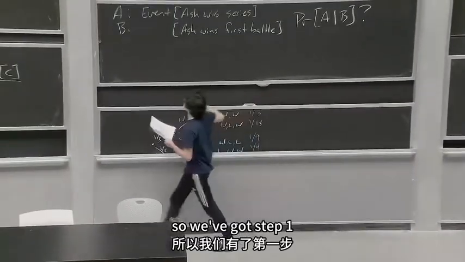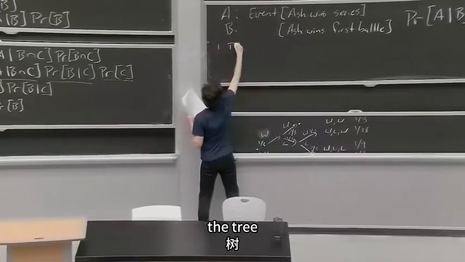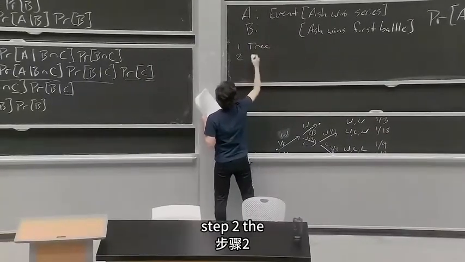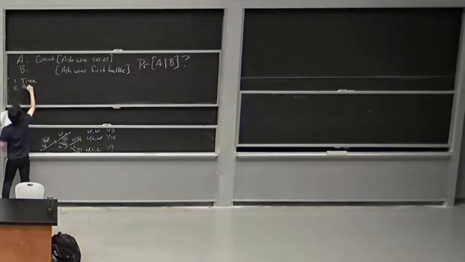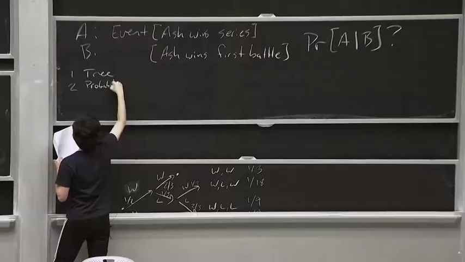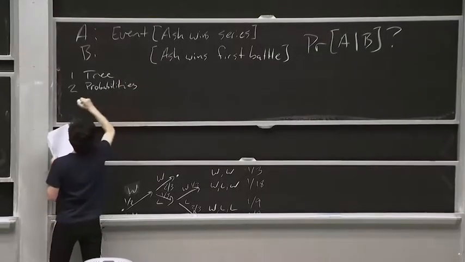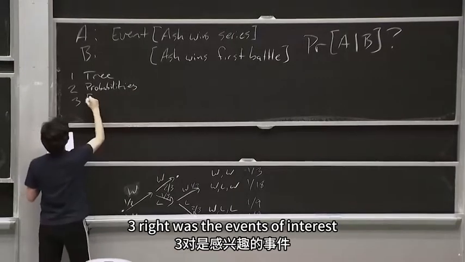So we've got step 1, the tree. Step 2, the probabilities. Step 3 was the events of interest.